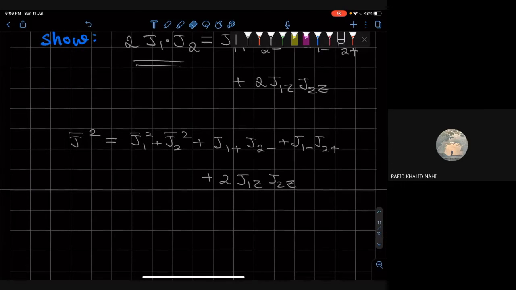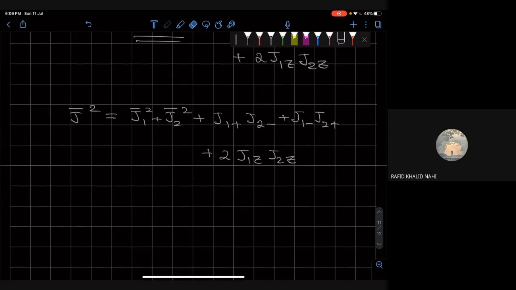Yeah. So now, we said that the state with the highest amount of total angular momentum, J, will be J1 plus J2. This is our conjecture.